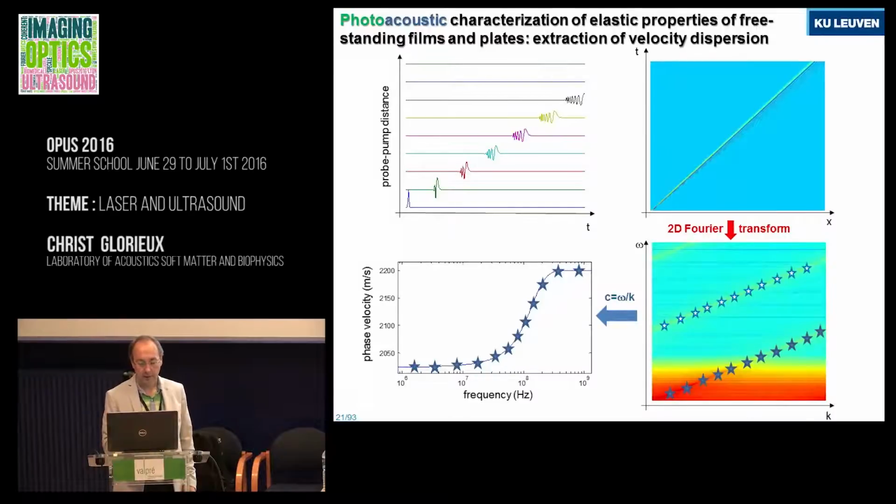As we know in wave theory, the speed of sound is c equals omega over k. So from omega and k, from these maxima in the energy plot, you can get the speed of sound as a function of frequency or wave number. From that we can determine such dispersion curves, and from the dispersion curves we can get material properties by doing the math and making fits.